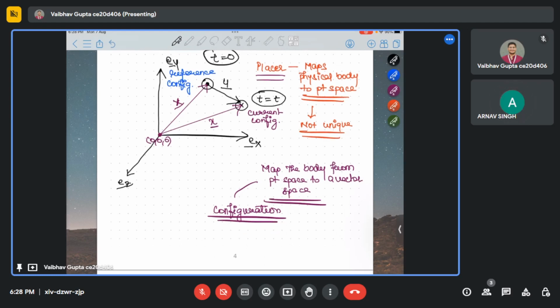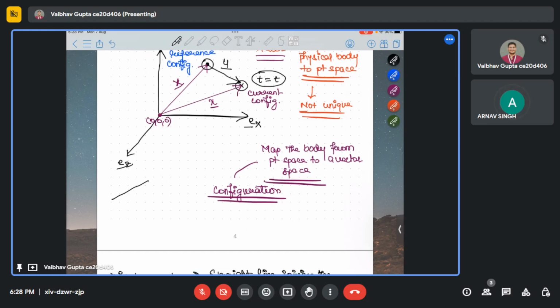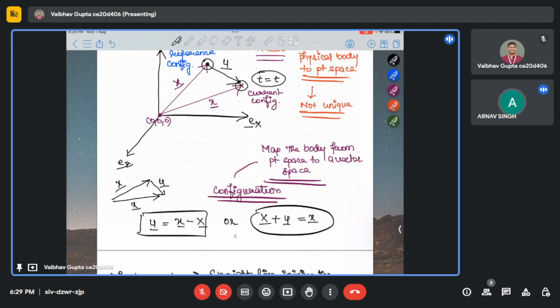Now you see this figure, this triangle. What this triangle shows is nothing but the vector law of addition. Can you see it here? Yes, sir. So what is u here? Small x minus capital X. Or else, what have you learnt: capital X plus u equals small x. Both are the same.